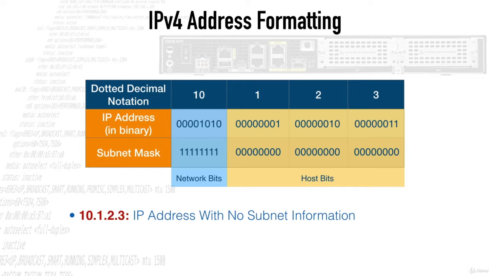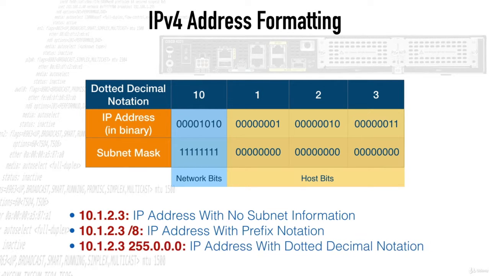Now, one way we could write this and include subnet mask information is something called prefix notation. With prefix notation, we could say 10.1.2.3 space /8. The /8 says that there are 8 bits in the subnet mask. In other words, the first 8 bits are network bits, and therefore the last 24 bits are host bits. Another way to write this would be 10.1.2.3 space 255.0.0.0. Notice this is also, much like the IP address, in dotted decimal notation.